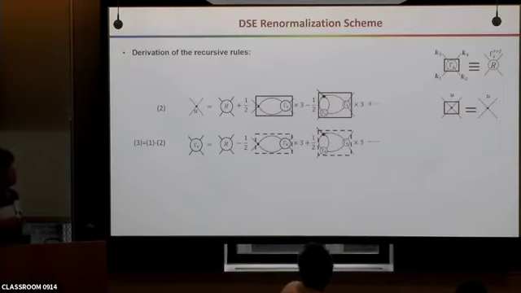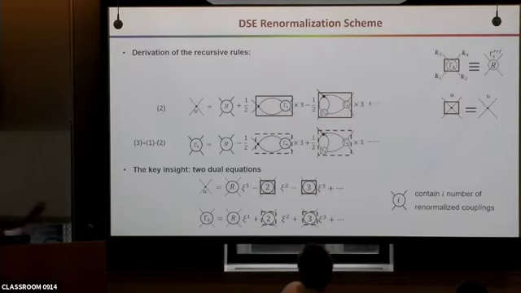Basically, the next step you need to do is just re-expand this bare coupling in terms of the renormalized coupling. So the bare coupling will be expanded with the renormalized coupling, and this has two second-order diagrams containing two renormalized couplings.